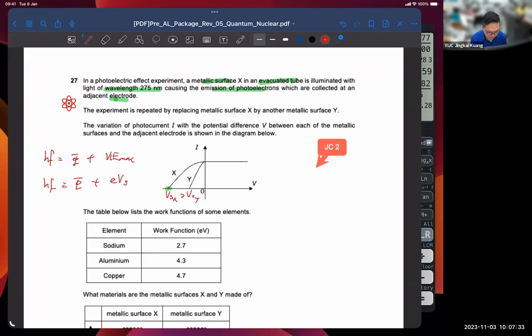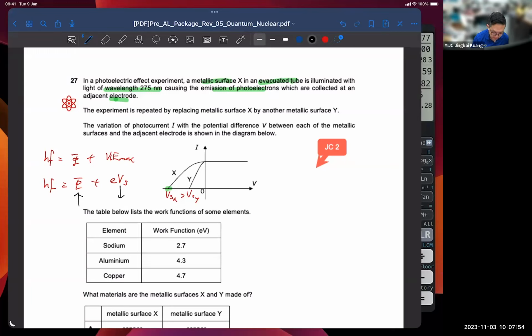So if I use the same wavelength, I can see that if I make this guy bigger, this will become smaller. This will go closer to 0, right?